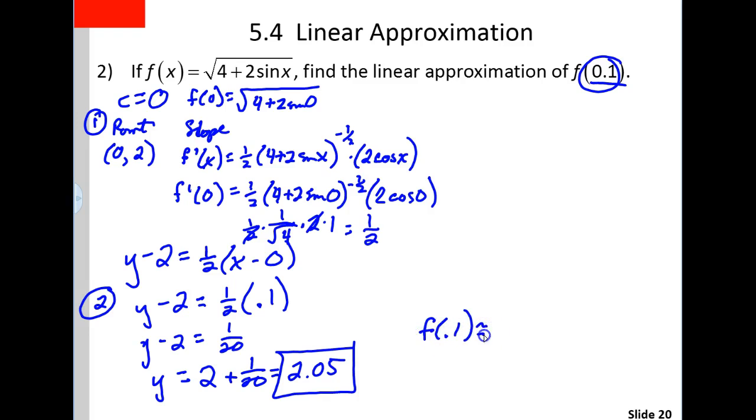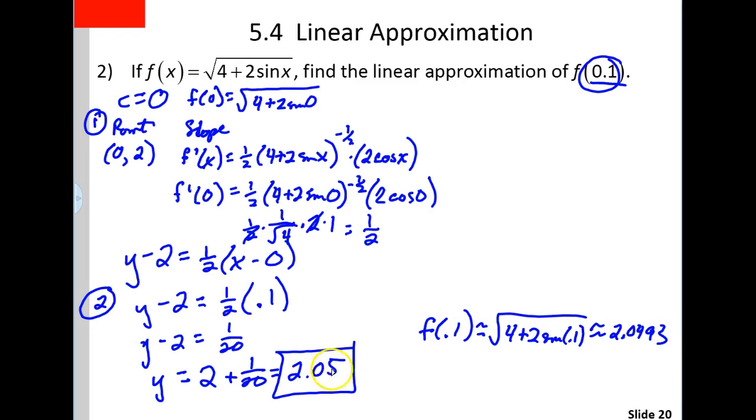Now, just to verify this, we're going to calculate the square root of 4 plus 2 times the sine of 0.1. All right, so if you're going to calculate, make sure your calculator is in radians. So we take the square root of 4 plus 2 times the sine of 0.1, and we end up with 2.0493.